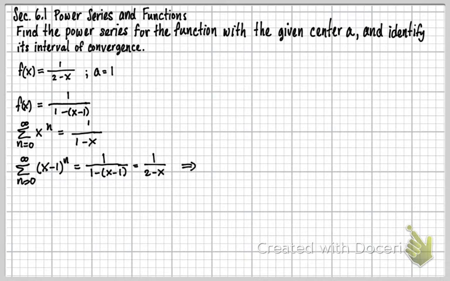The answer I would write for this is the series n equals 0 to infinity of (x minus 1) to the n. Now again, you have to show work for this, so you can't just write the answer down and say, oh, I get my full credit. I don't just care about the answer itself, but all the work before it that supports the answer I came up with. So it's important that you write all your information out like this.